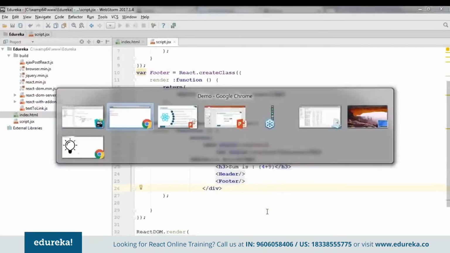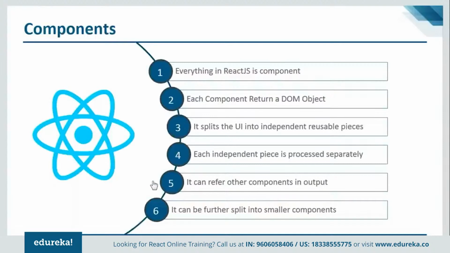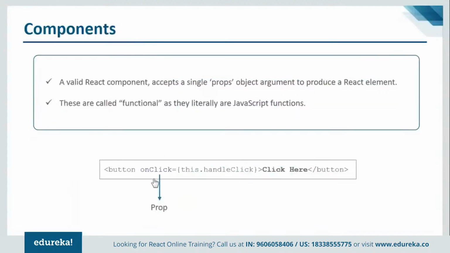Now let's go further in our PPT. Okay, so here a valid React component can always accept a single object argument and then produce a React element. Now these are called the functional components, as they are literally JavaScript functions, as you can see. So here we are calling one handleClick function. Now whenever this function is called, it will always return us one HTML representation.